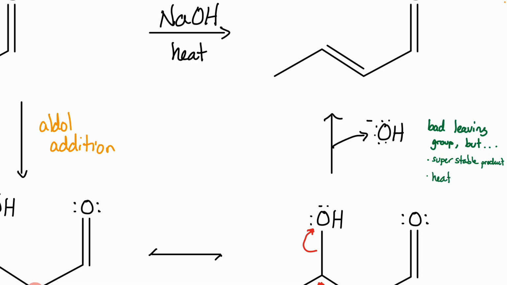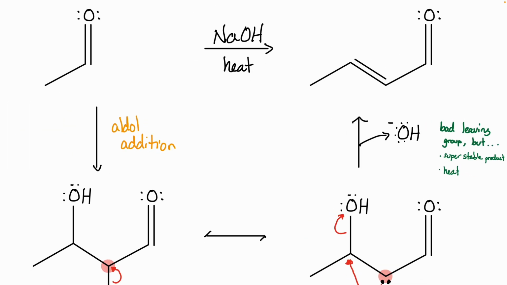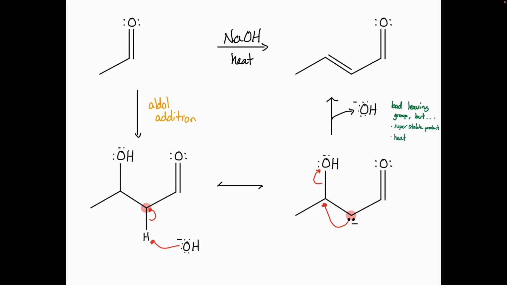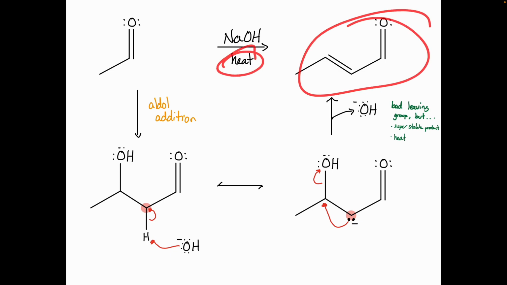That high heat allows us to kick off that bad leaving group. And then it's a steep downhill in terms of free energy, because we get that nice stable product, our conjugated pi bonds. So hydroxyl groups, bad leaving groups. In this case, we're going to say, see, it still plays the role of a leaving group because we have that high heat and we get that nice stable product.